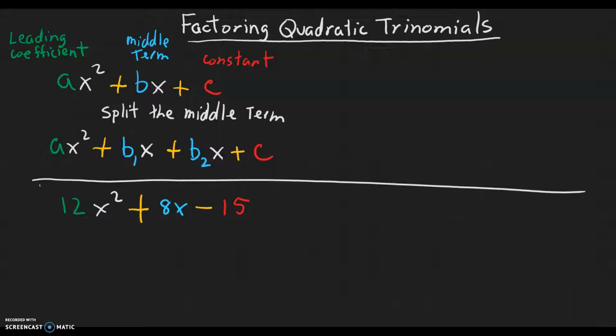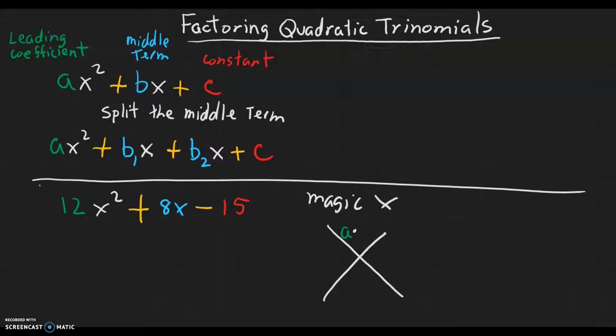Okay, so we're going to do a system called the magic X. There's not really anything magic about it, but what you do is you make an X, and we're going to put A times C at the top.